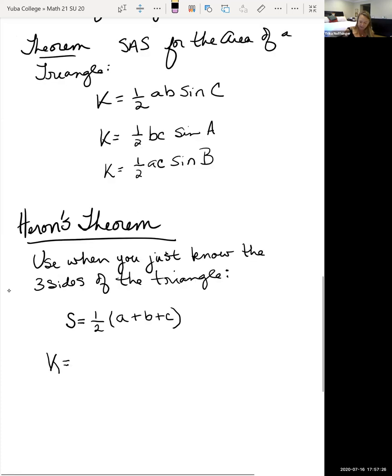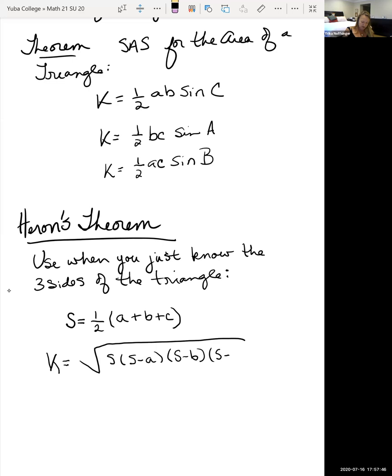K is equal to the square root of S, all times S minus A, S minus B, and S minus C, all of those multiplied together.